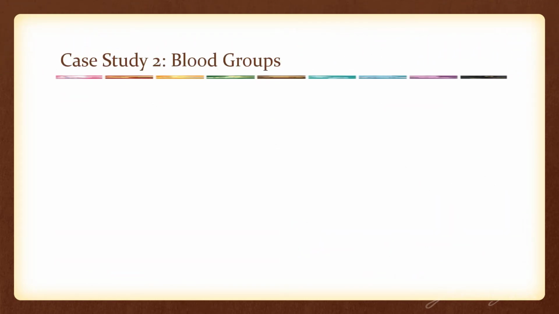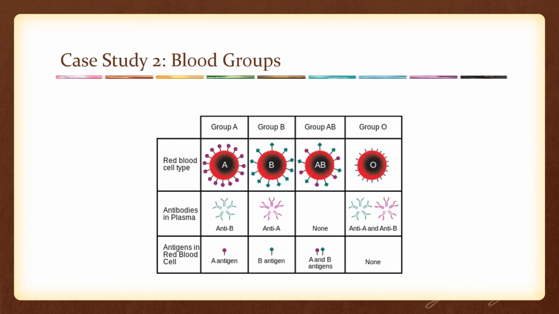For the second case study, I would like to look at our blood groups. If you can recall from the chapter on transport in humans, we have 4 blood groups: blood group A, blood group B, blood group AB, as well as blood group O. Blood group O is the only blood group without any antigen.